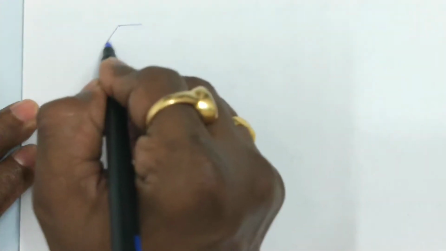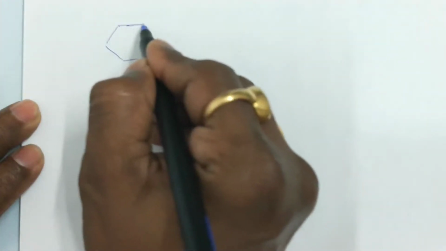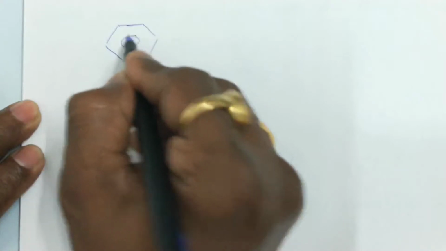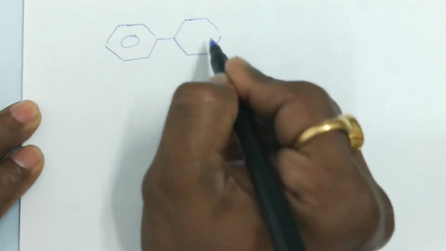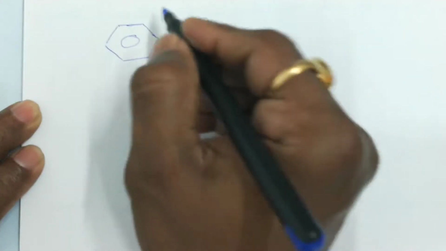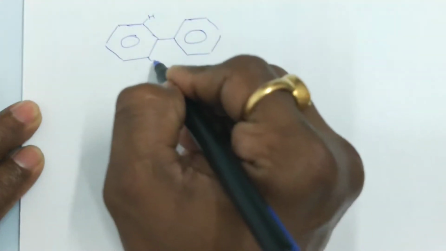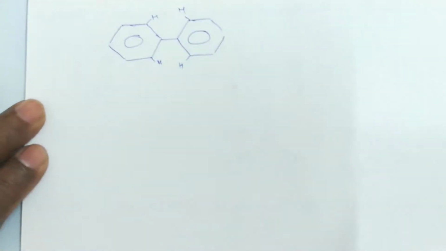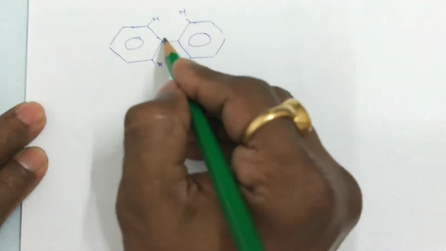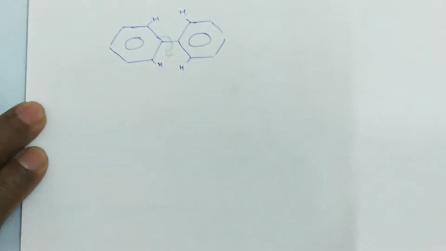So the first case we are taking here is biphenyl. In the case of biphenyl, suppose that you have this structure and this structure. See here, if hydrogen is there, the carbon-carbon sigma bond is always in free rotation.